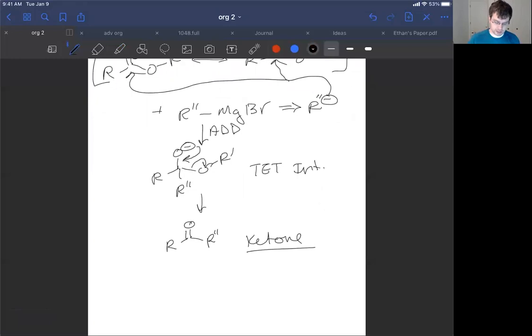Well, here's the issue. Ketones are actually more reactive with Grignard reagents. The way you want to approach organic reactions is generally to think about them as happening one reaction at a time, as opposed to a whole bunch. So if you just added one equivalent of the Grignard reagent, would you only get the ketone? Well, probably not.